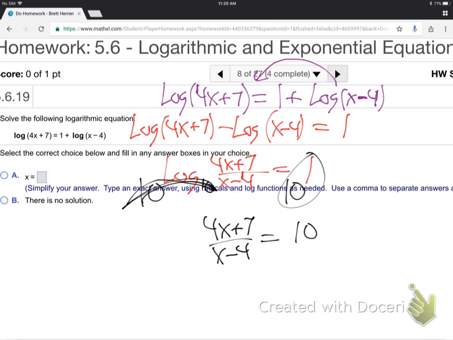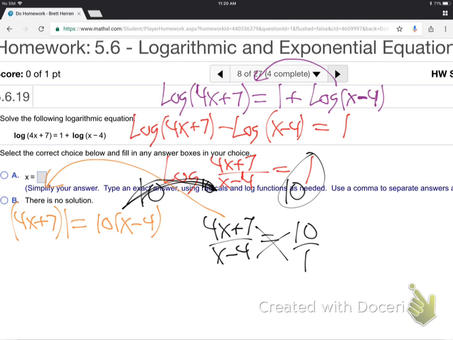So now, how do you solve when you got a fraction on one side and a whole number on the other? You put that thing over 1. You go diagonal, diagonal. Cross multiply. So then it is 4x plus 7 times 1 equals 10 times x minus 4.